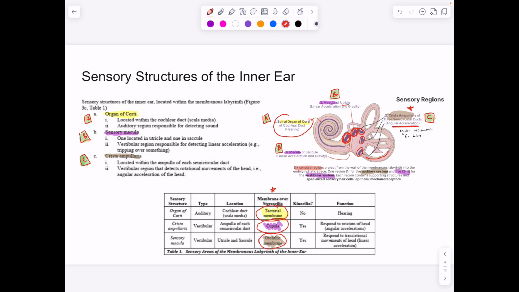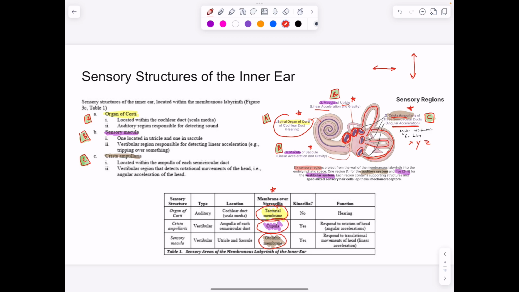All right, but the basic premise is the organ of Corti is all about detection of hearing. The macula of the utricle and the macula of the saccule are all about linear acceleration, right? That would be moving your head in and out like a weird dance move, or moving up and down like that. And then for the crista ampullaris, think X, Y, Z. There are 3 axes here: 1, 2, 3.